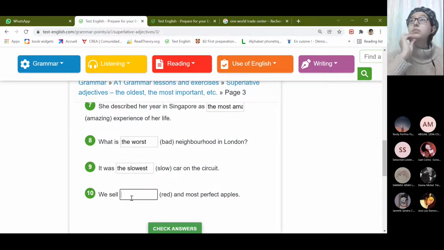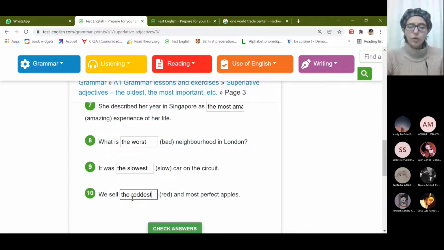Or anybody? Reddest. Okay. Can you spell reddest? How are we going to write? REDDEST. Perfect. Yep. That's it.